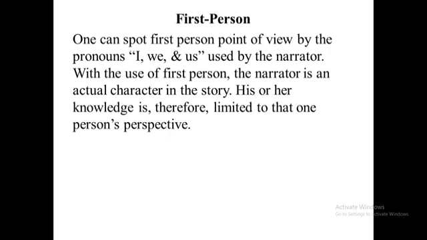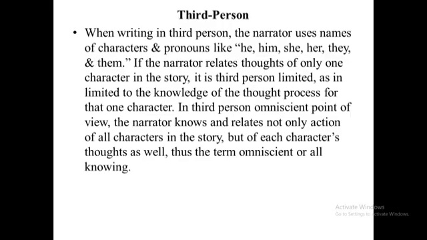With the use of first person, the narrator is an actual character in the story. His or her knowledge is therefore limited to that one person's perspective. Third person: when writing in third person, the narrator uses names of characters and pronouns like he, him, she, her, they, and them.